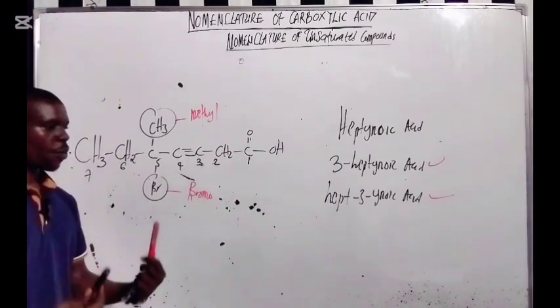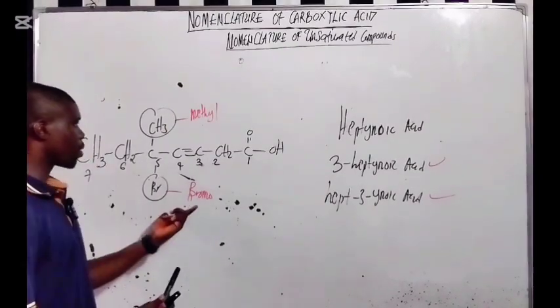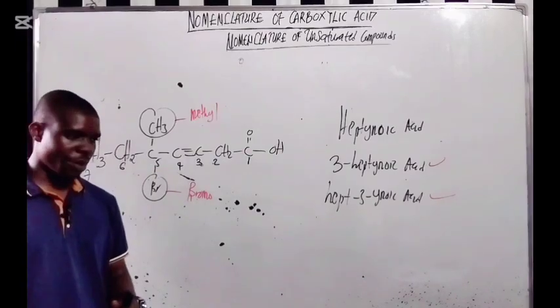Remember, when you arrange the substituents, you must arrange them alphabetically. B comes before M in alphabetical order, and both of them are on carbon number 5.